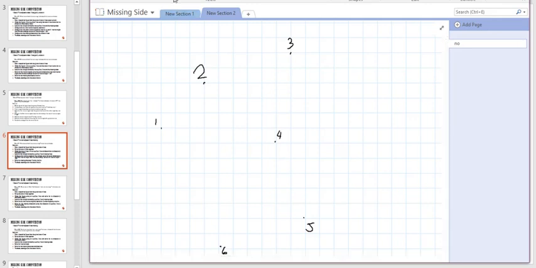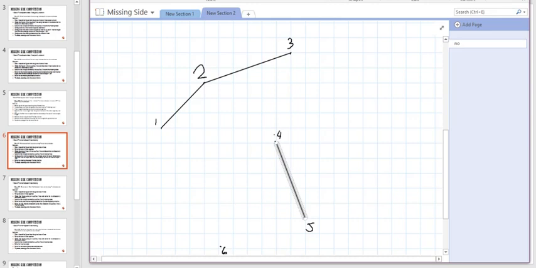Okay, let's say given line 1 to 2, direction and bearing, then 2 to 3 given, then let's say 4 to 5 given, then 5 to 6 missing, then 6 to 1 given.